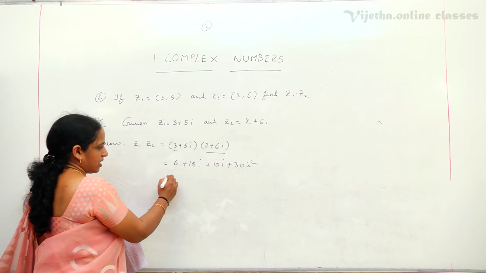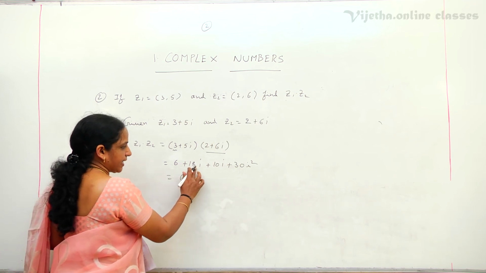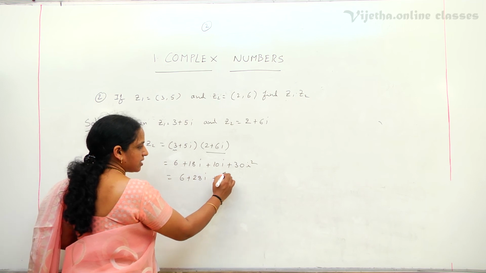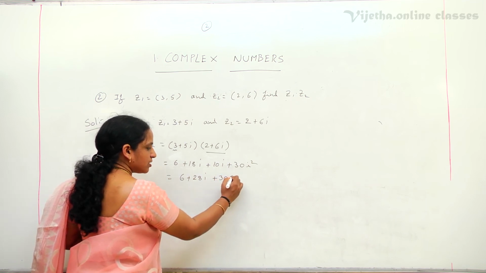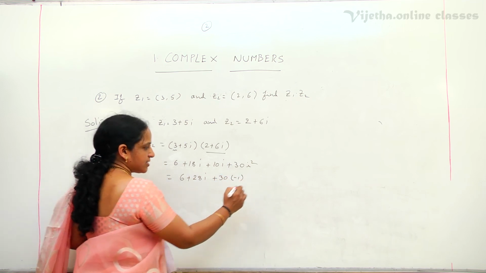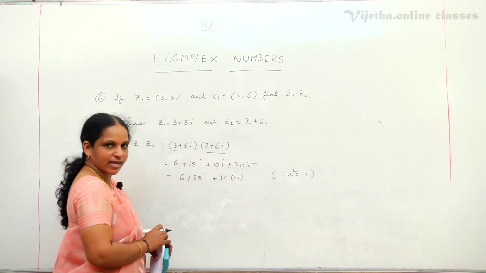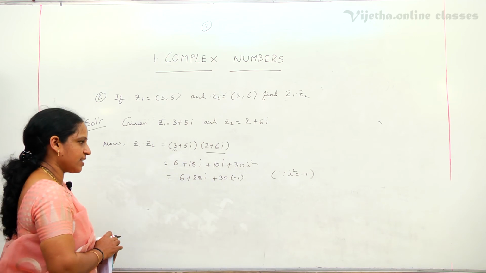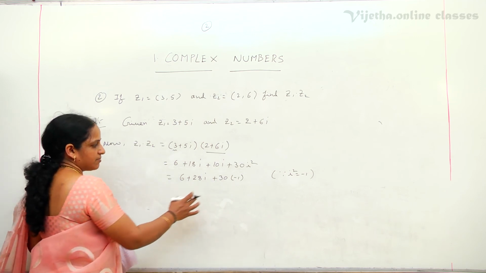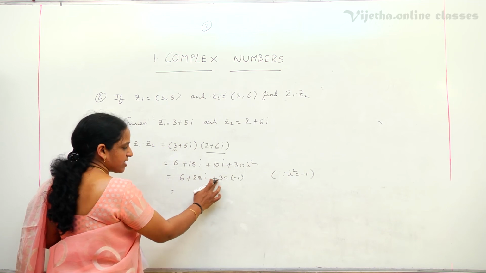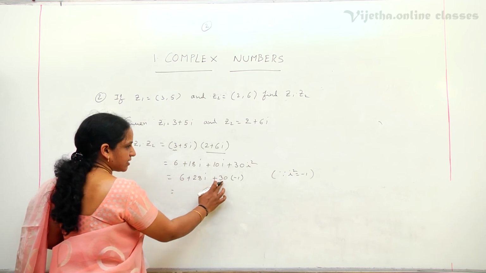Okay. So 6 plus 18 plus 10, 28i, plus 30 into minus 1, since i square equals minus 1. I equals root of minus 1 and i square equals minus 1. So 6 minus 30. What is the value of 6 minus 30?